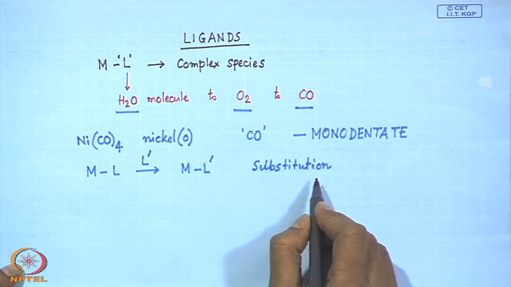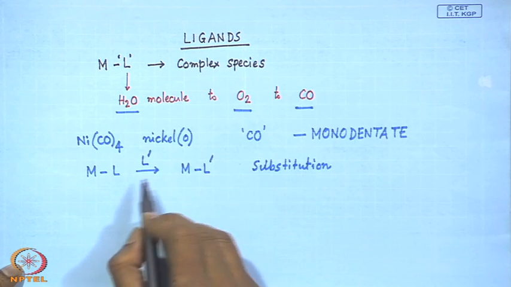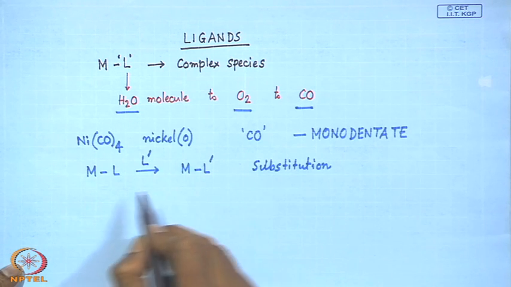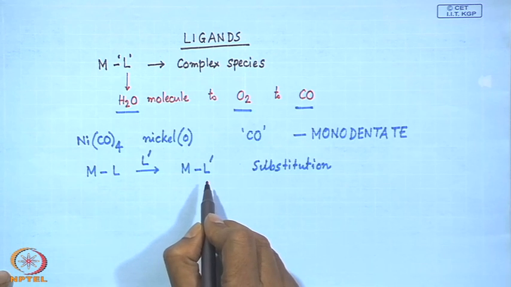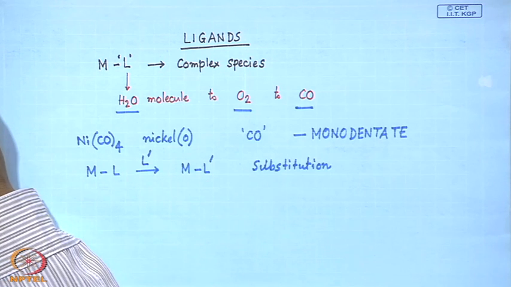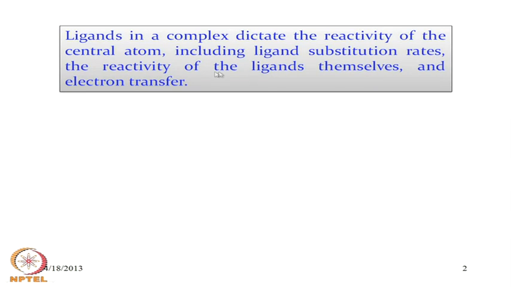In some other cases, not only the substitution, but we can also talk about the electron transfer, which is guided by the nature of the ligand attached to the metal center. Then there is the reactivity of the ligands themselves.